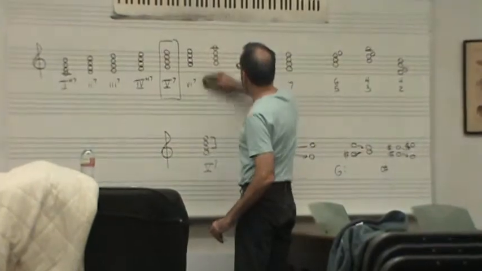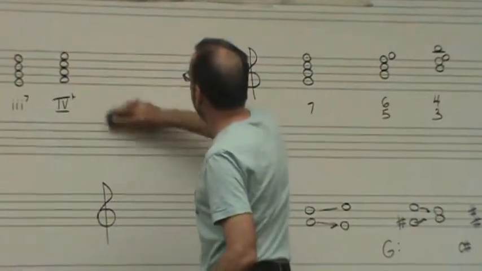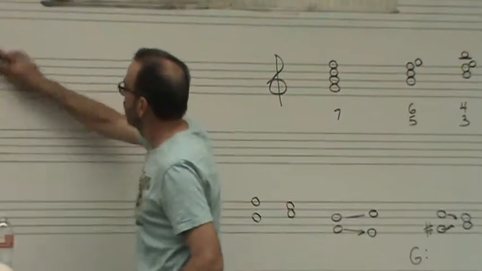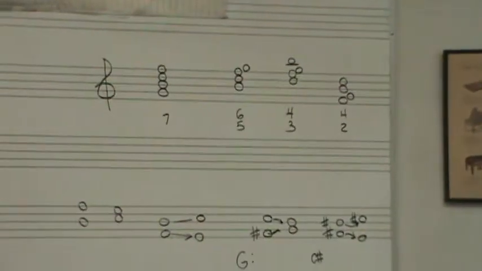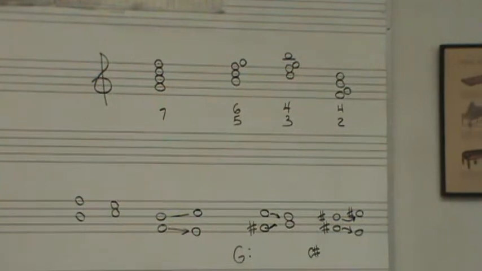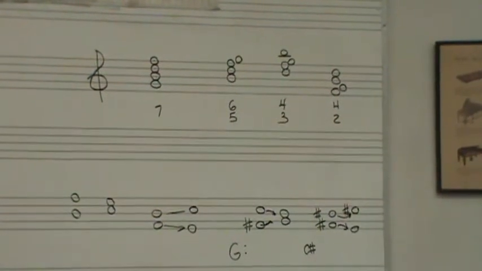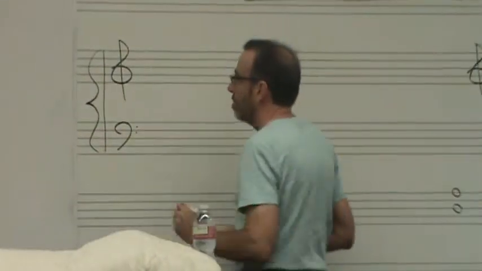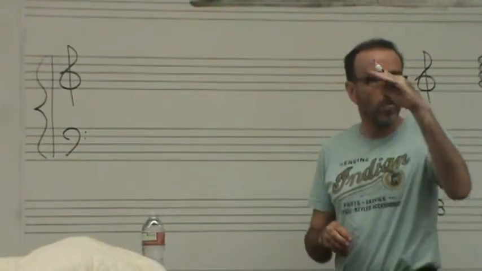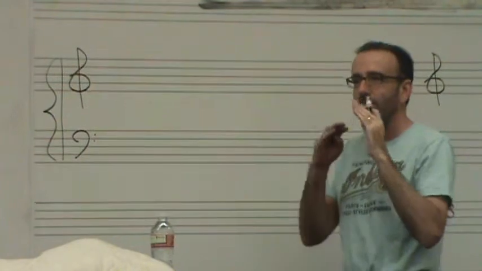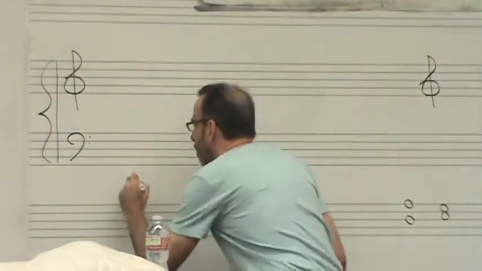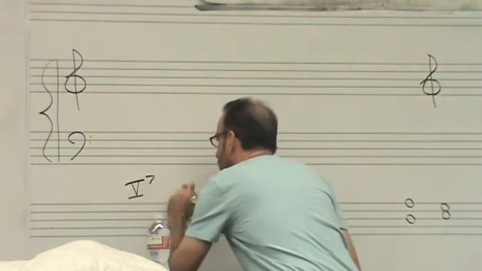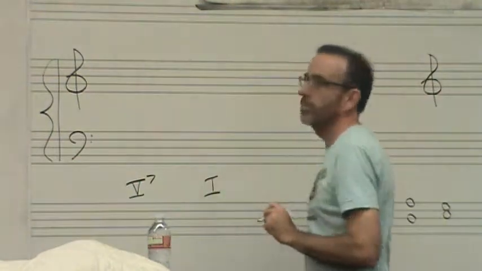All right. Now, when writing these 7th chords and resolving them, there are 2 main rules. Let's say I'm going from 5-7 to 1.